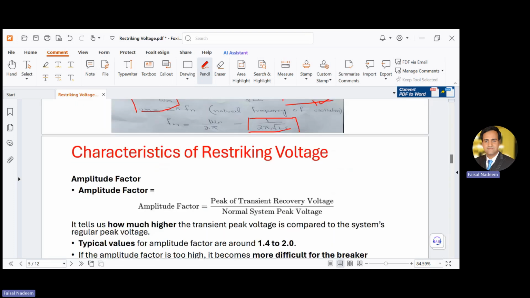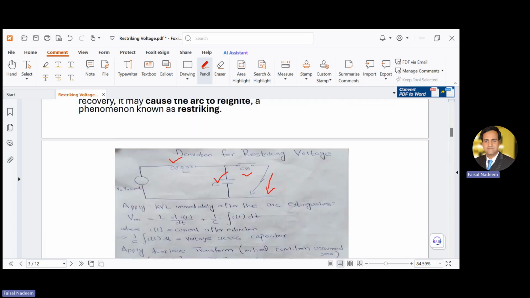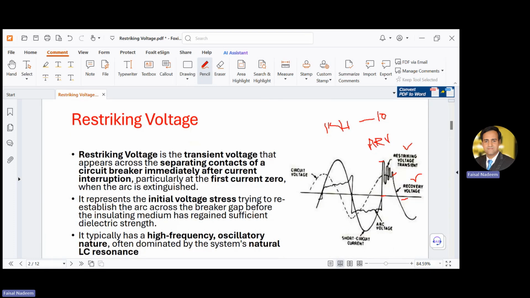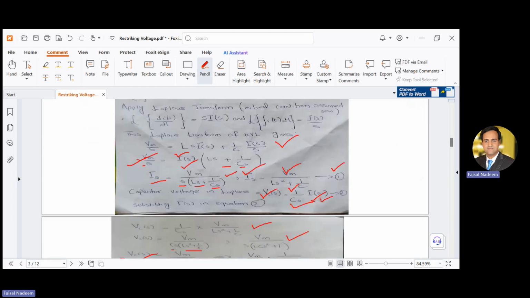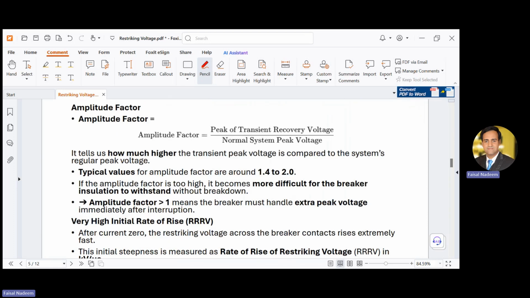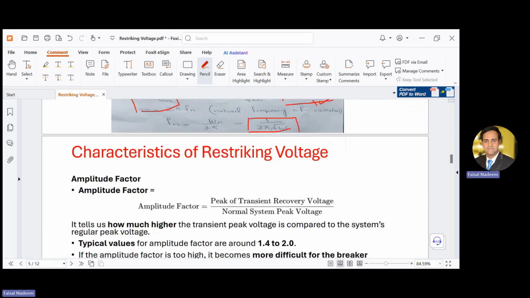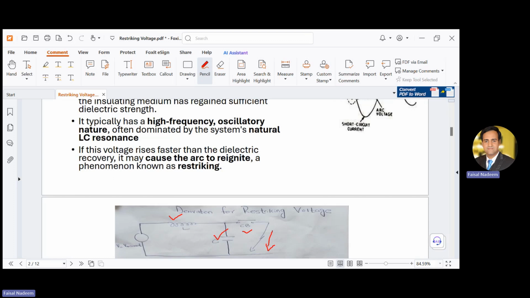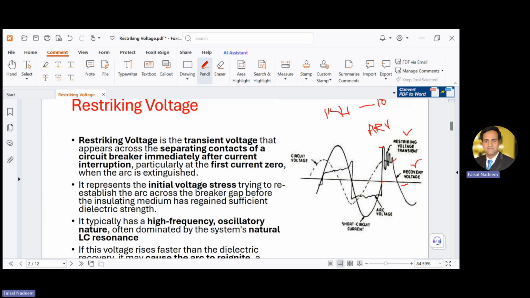So, how can we understand this with the help of the figure? Just look here. This is the peak of the transient recovery voltage, TRV.